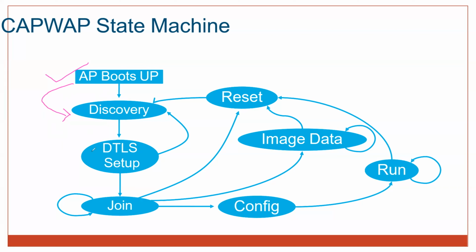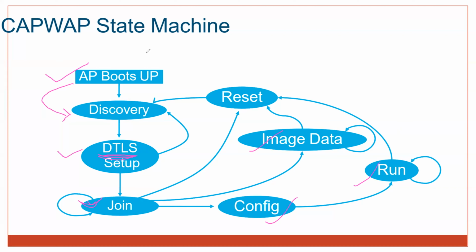So they discover the WLC, then the DTLS setup happens, obviously with the WLC. Then they will connect to the WLC. Once they are connected to the WLC, they can get the image, they can get the config, and then they will work. Right?